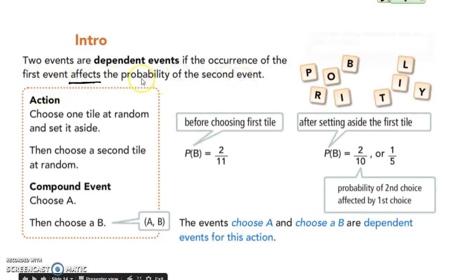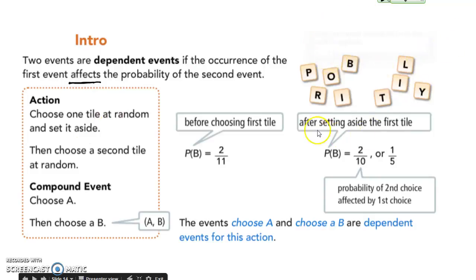What I mean by that is you do your first step of your action. So here, like before, I'm drawing a B. So I had a probability of 2 out of 11 of picking a B. But what happens after I draw the first B? I set it aside. So how many tiles are left in the bag for me to do my second draw?